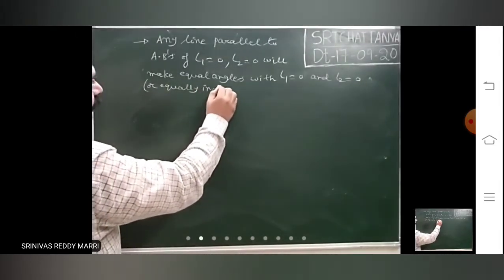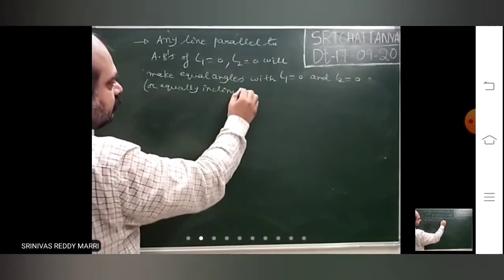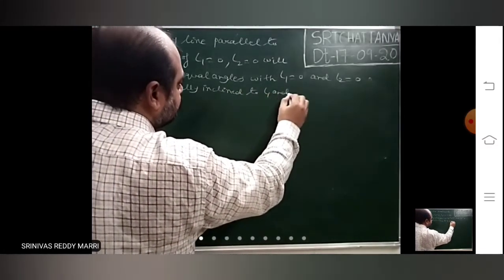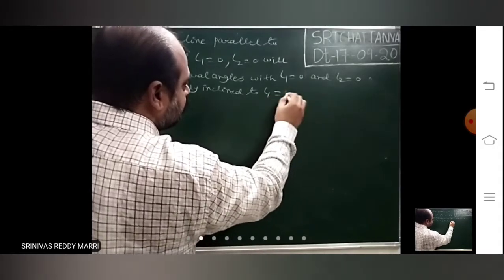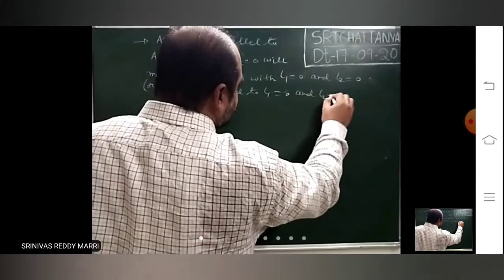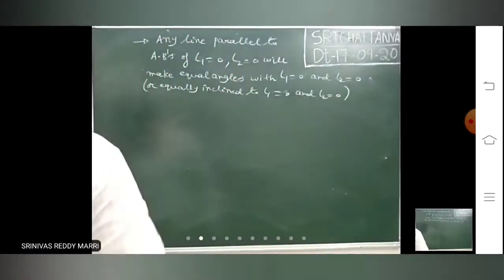It is said to be equally inclined to L1 and L2. Equally inclined to L1 equal to 0 and L2 equal to 0.